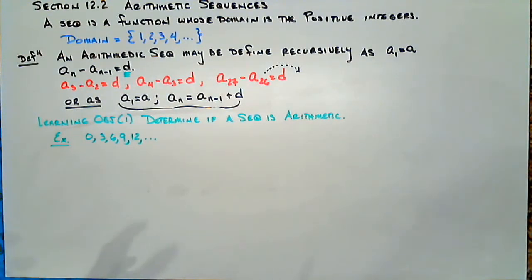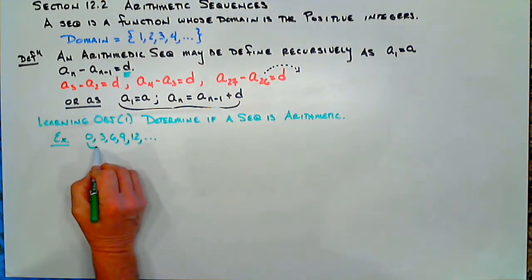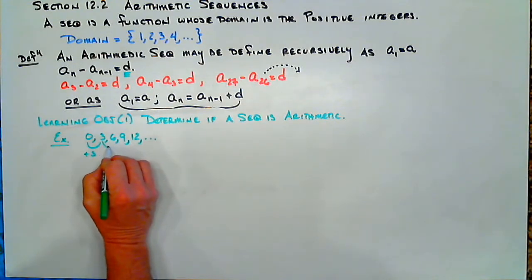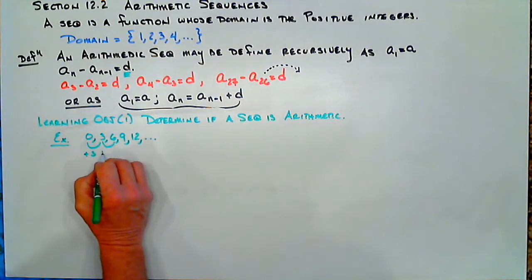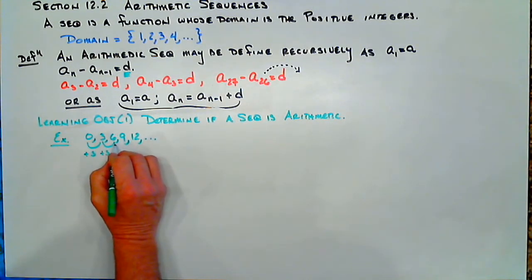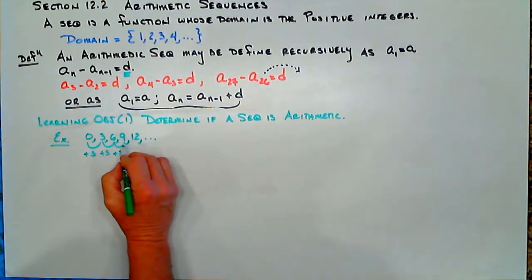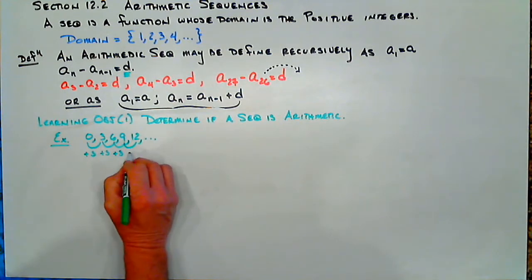So what could we do? We could see if each of our terms is separated by a common difference. How far is it from 0 to 3? Well, we added 3. How far is it from 3 to 6? Once again, we added 3. How far is it from 6 to 9? We added 3. And how about 9 to 12?